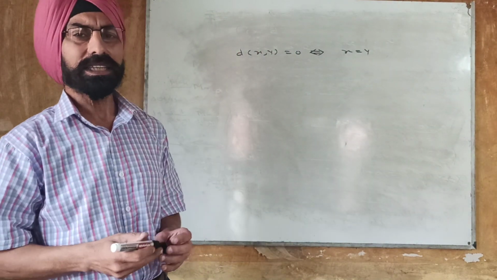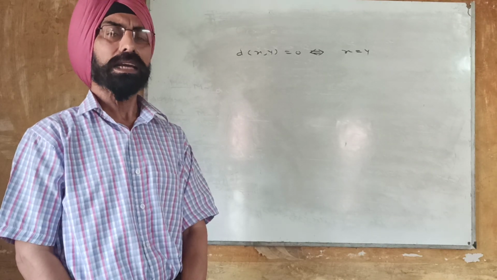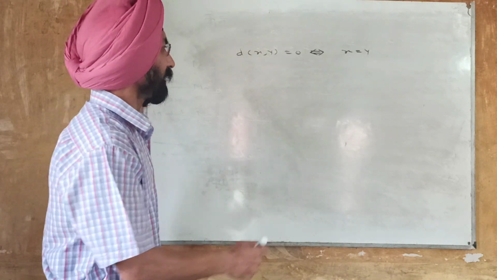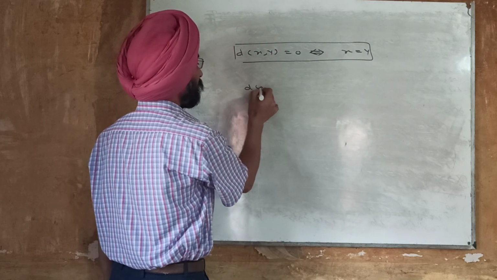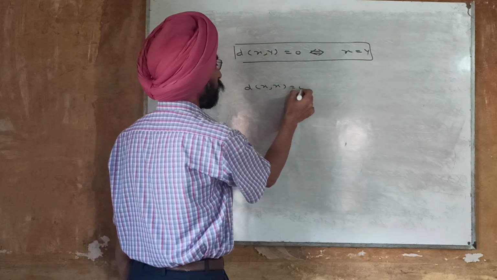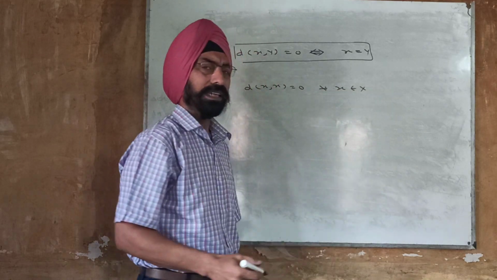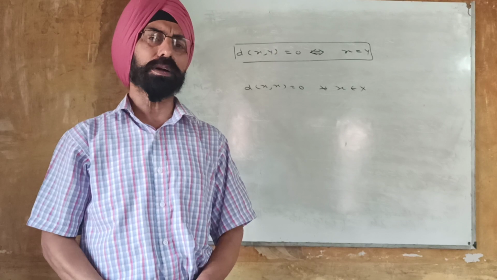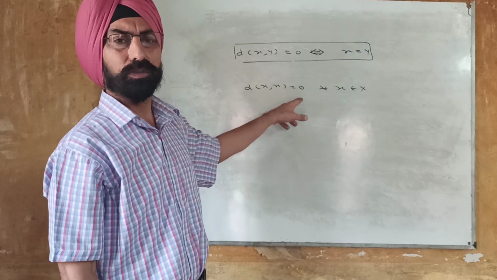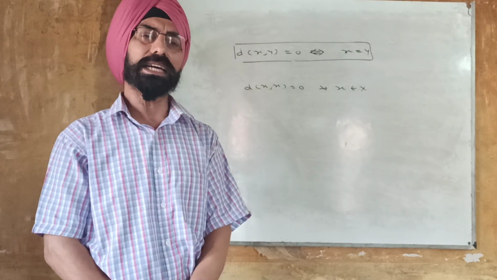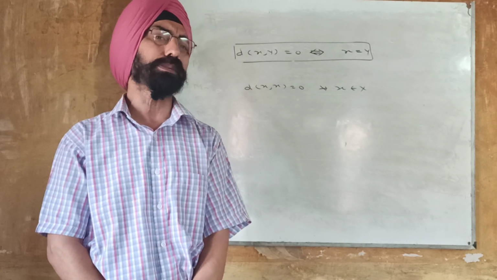This was the third property in the definition of a metric space. If I drop this property and change it to the property d of xx equal to 0 for every x in X, the definition we obtain will be the definition of a pseudo metric space.